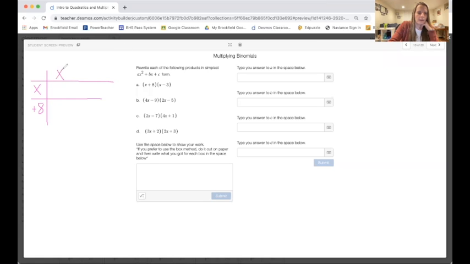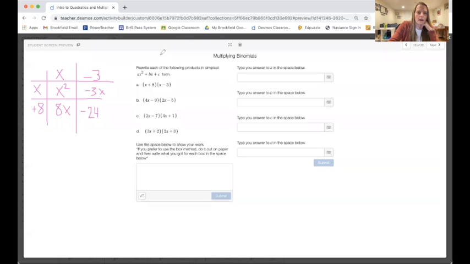Then you would have x and minus 3. And then you would multiply. So x times x, x squared. X times negative 3 is negative 3x. 8 times x is 8x. And then 8 times negative 3, negative 24.